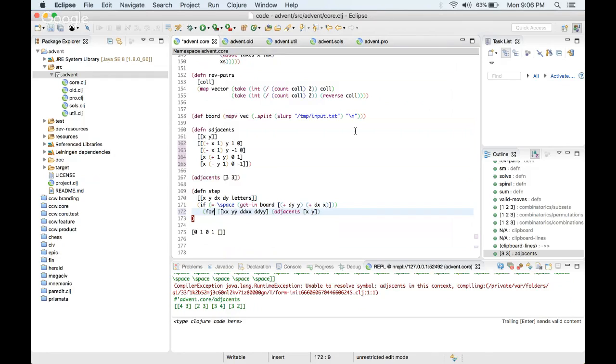And then maybe like a for for these adjacents here when not equal to space, get in the board yyxx.